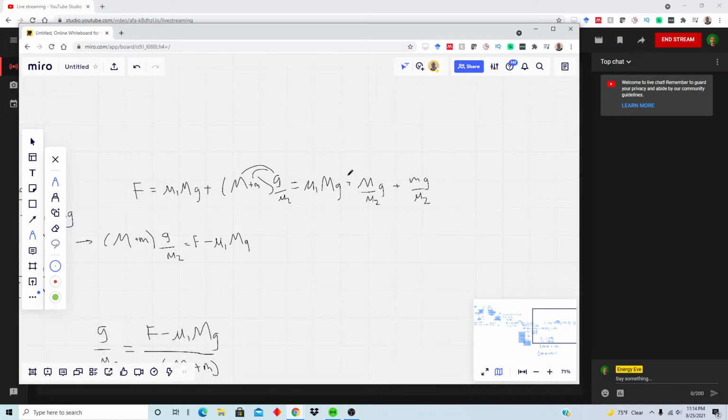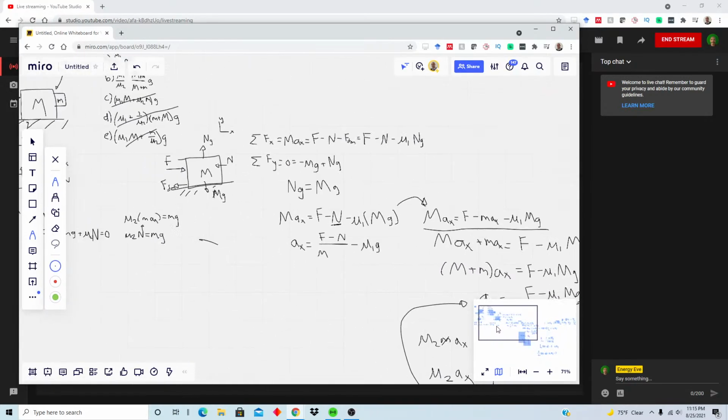So at least this part right here, we can get the mu1 plus 1 over mu2 times big mg, and here we have mg over mu2. So I think this might actually be one of the answers.